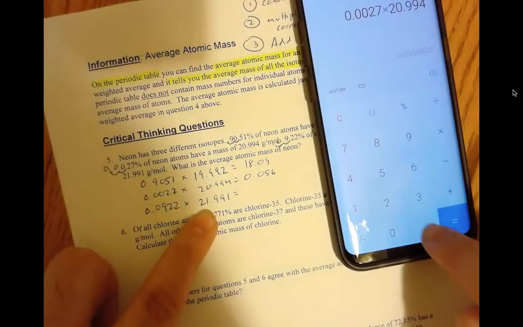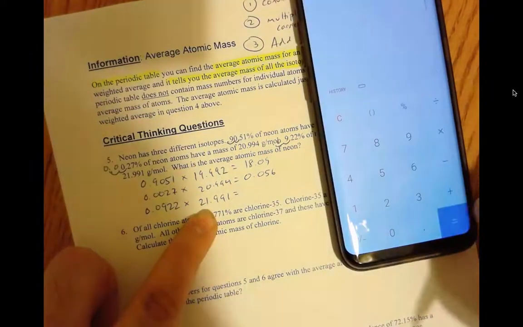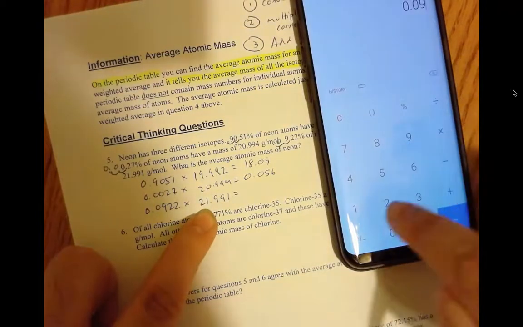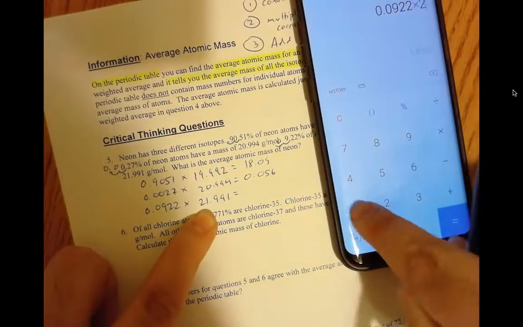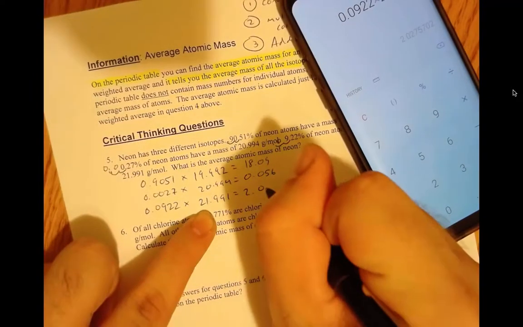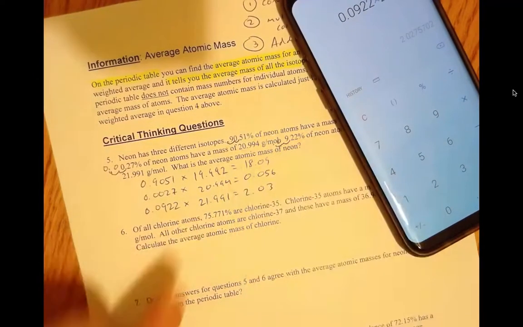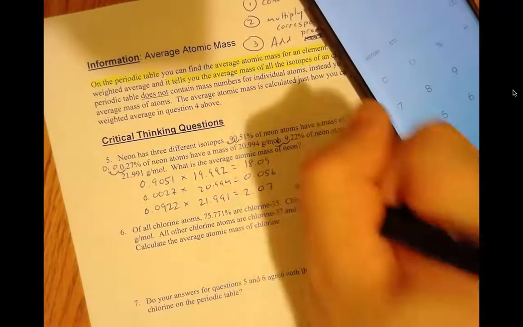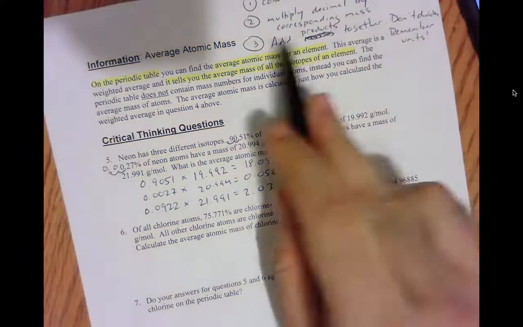And the last example, 0.0922 times 21.991 is 2.03.